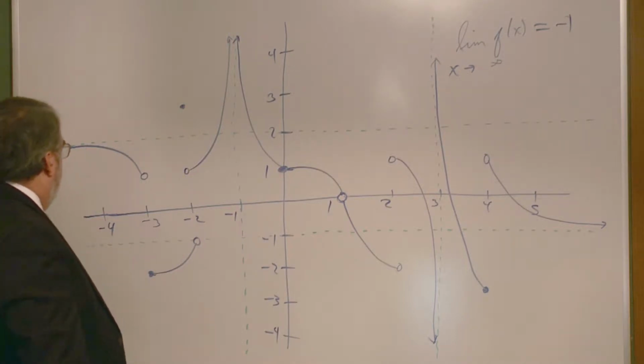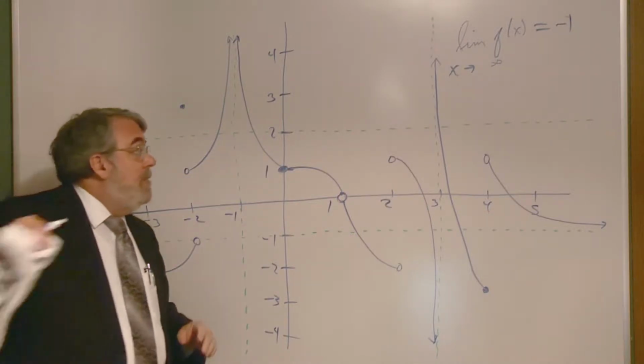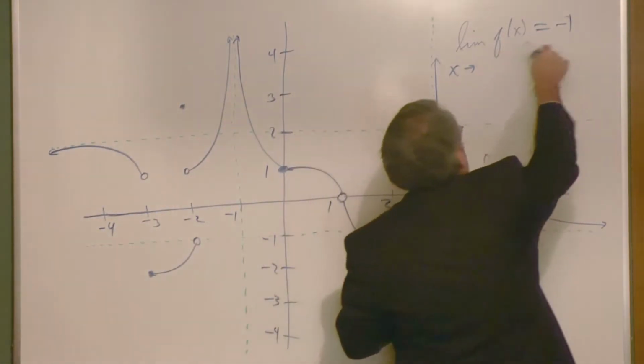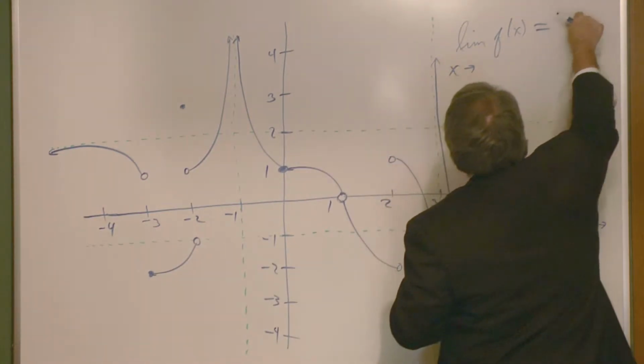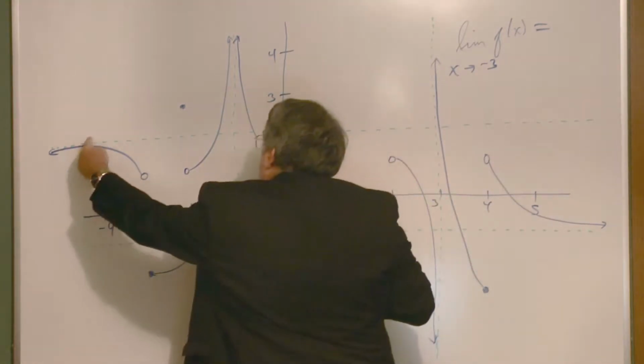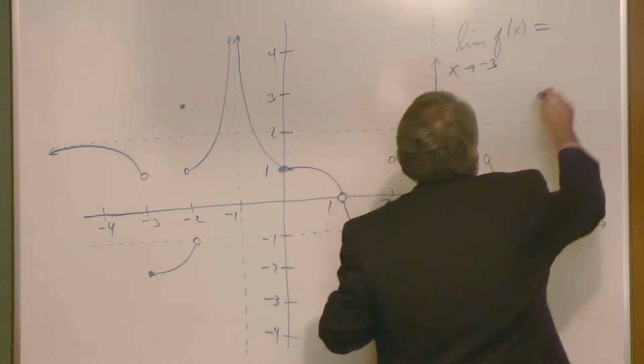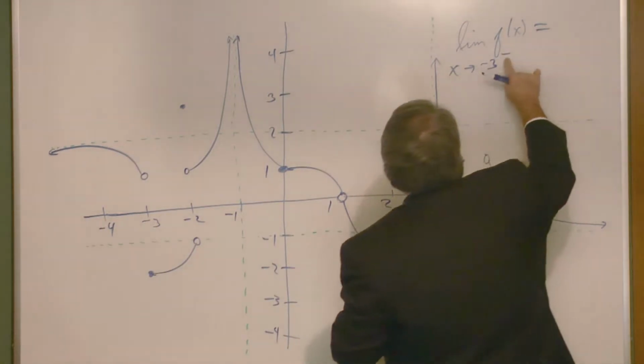All right, now what happens as x approaches minus 3 from the left side? You probably have the answer in your head. It approaches this hole in the graph, which is at 1. So it'd be 1. This is from the left side.